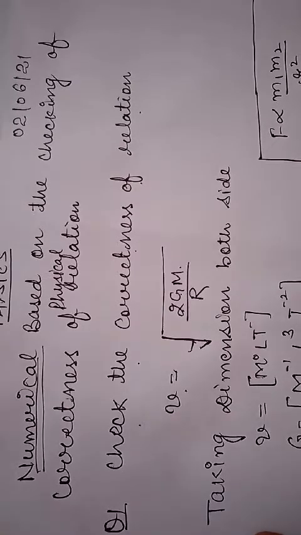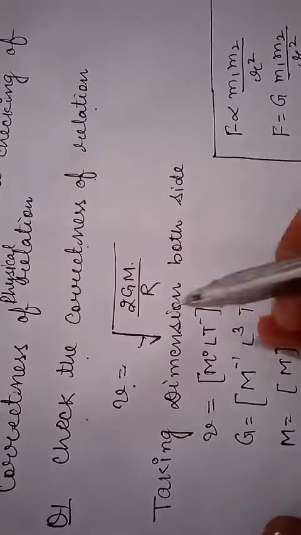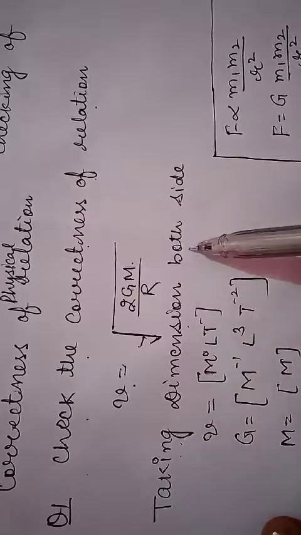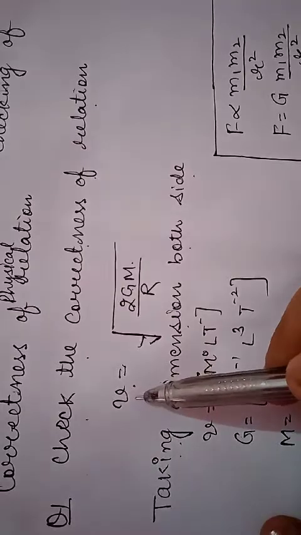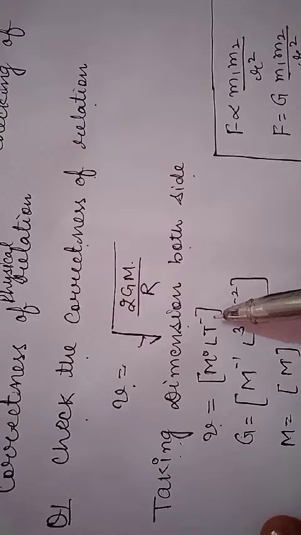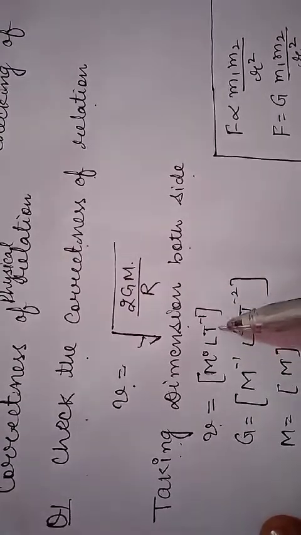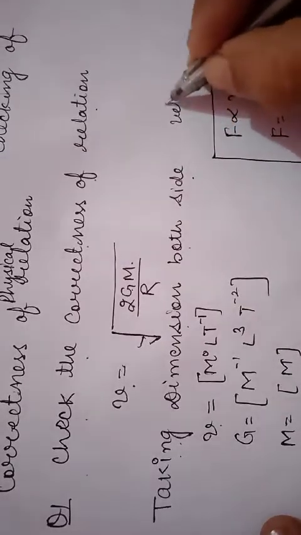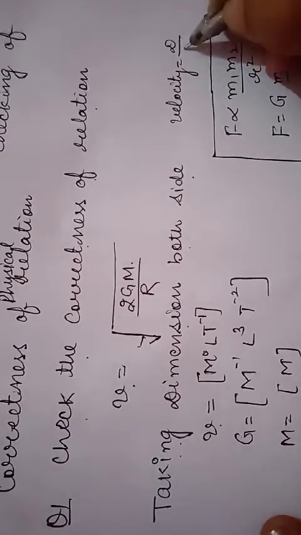For that we have to take the steps. First, we have to take the dimensions on both sides. Here we will take the dimensions separately. The dimensions of v: we know velocity is distance upon time.